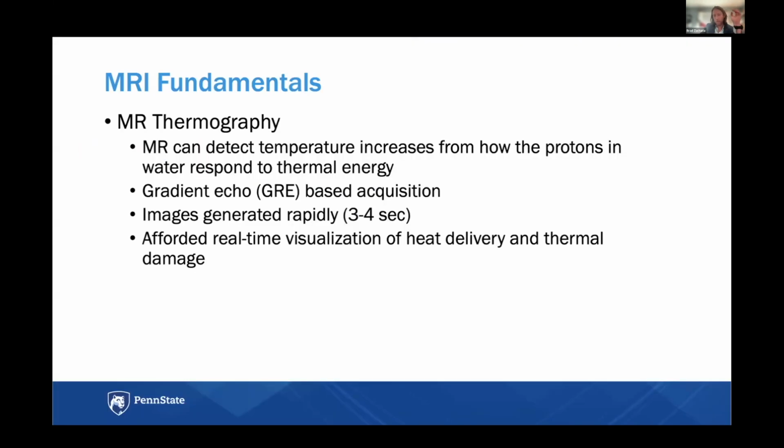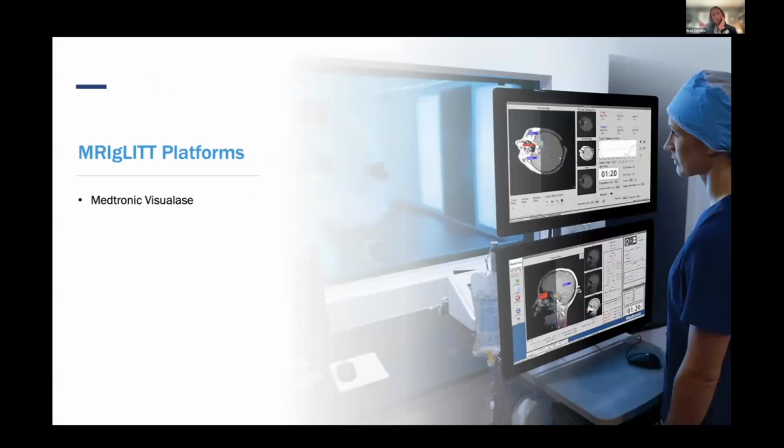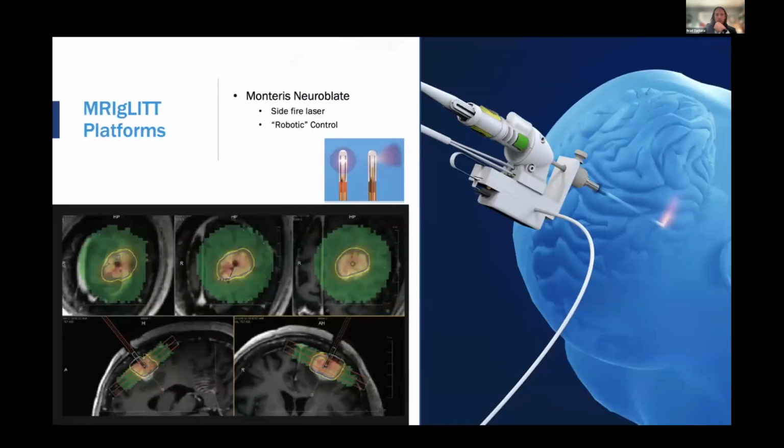There are 3 commercially available LITT systems. One is by Medtronic; the system's called Visualase. Monteris makes a system called NeuroBlate. It has several unique features. There's a side fire laser, and we'll get into the nuances of that, but most of these lasers fire concentrically. It has a remote robotic control that allows you to move the laser fiber in the Z plane, basically in and out.